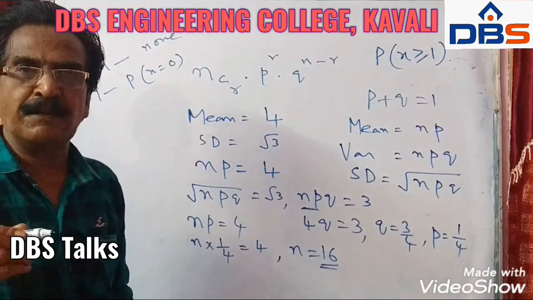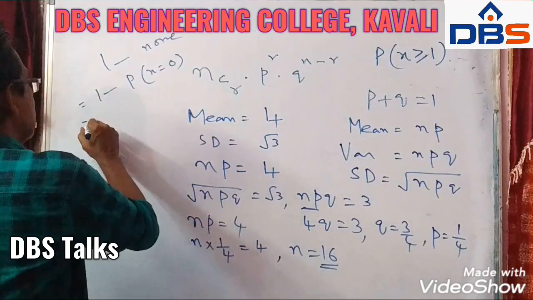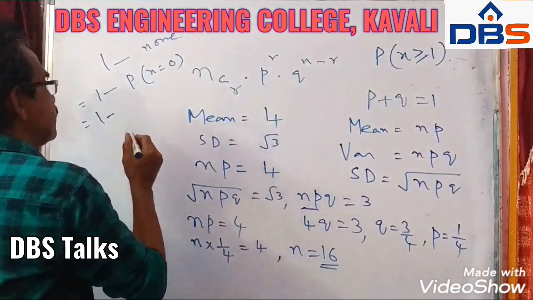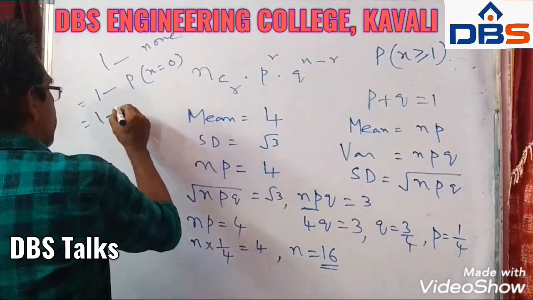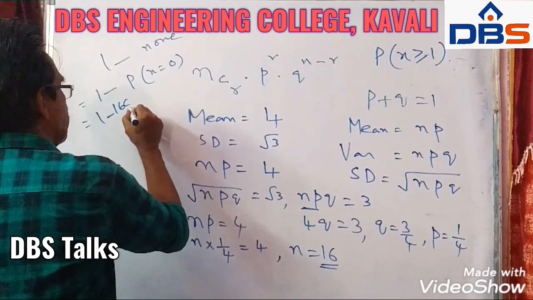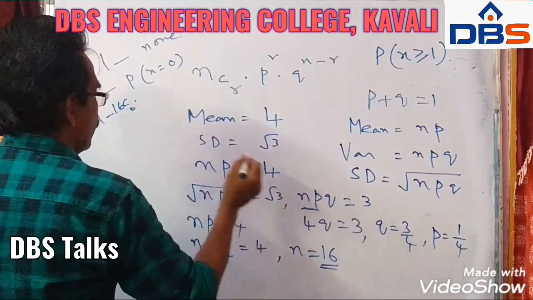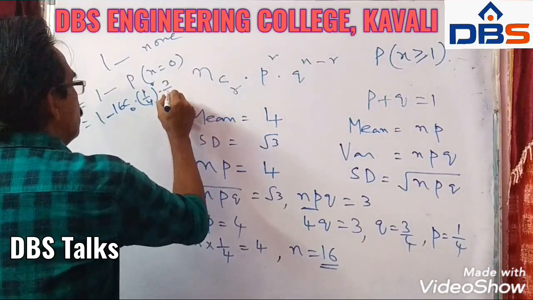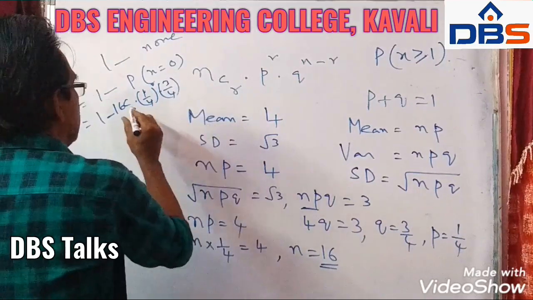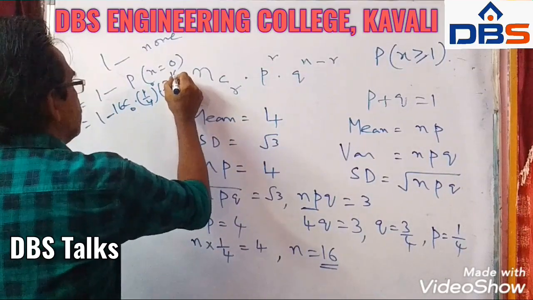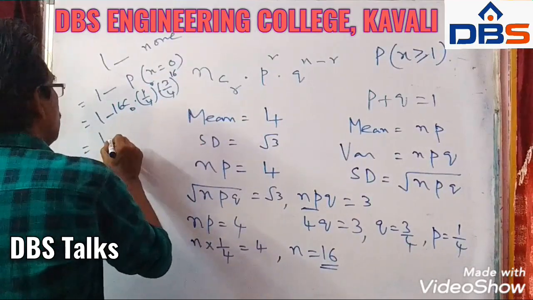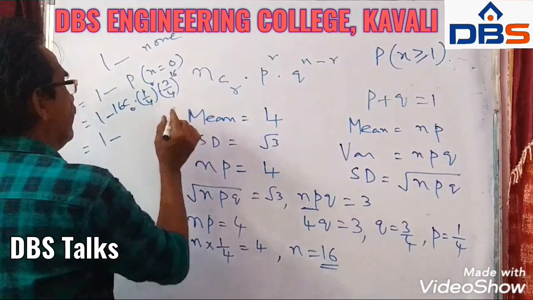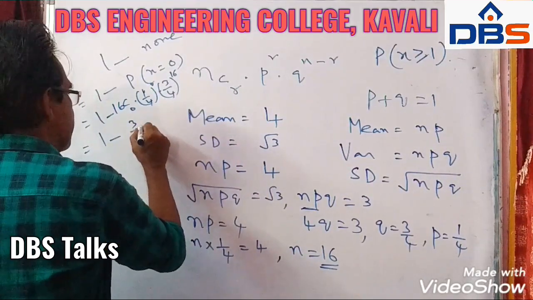That is 1 minus 16C0 into 1 by 4 whole power 0 into Q power n minus r, 16 minus 0, which is 16. 16C0 is 1, 1 by 4 whole power 0 is 1, and then 3 by 4 whole power 16.